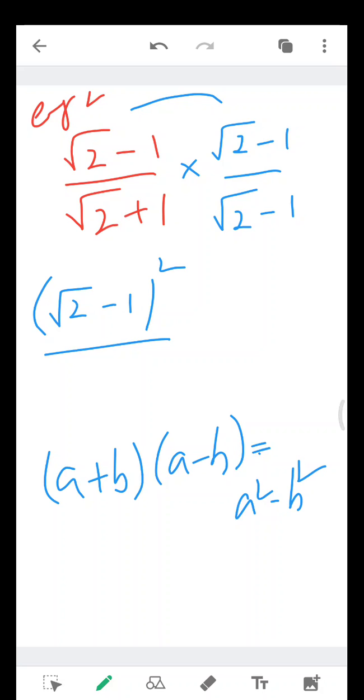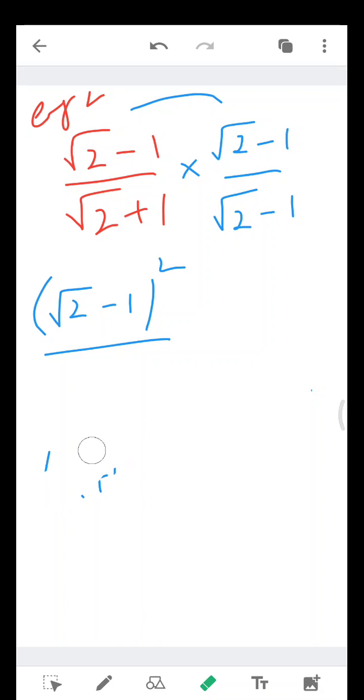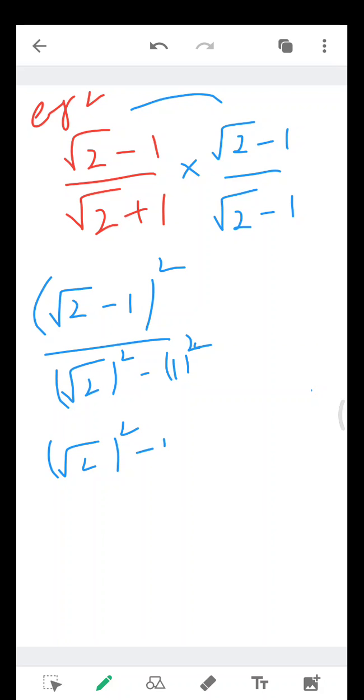Let's apply the formula. The denominator becomes a square, meaning root 2 square, minus 1 square. In the numerator I can apply a minus b whole square, that is a square minus 2ab plus b square.